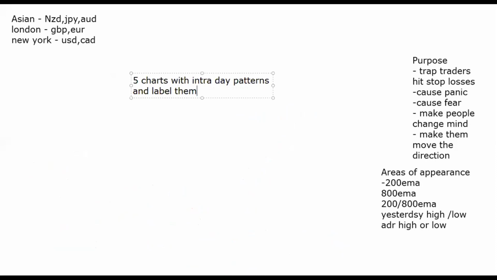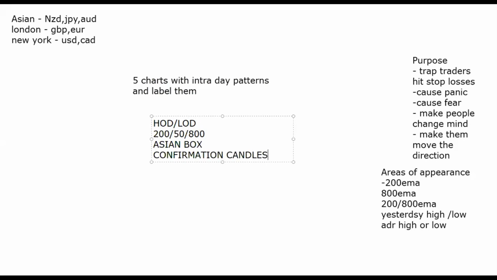Label everything. On the labeling, I would want to see the HOD or the LOD. I would want to see the 200 EMA, the 50 EMA, the 800 EMA. I would want to see the Asian box. I would want to see the confirmation candles. I would want to see the 3 pushes if they are there.